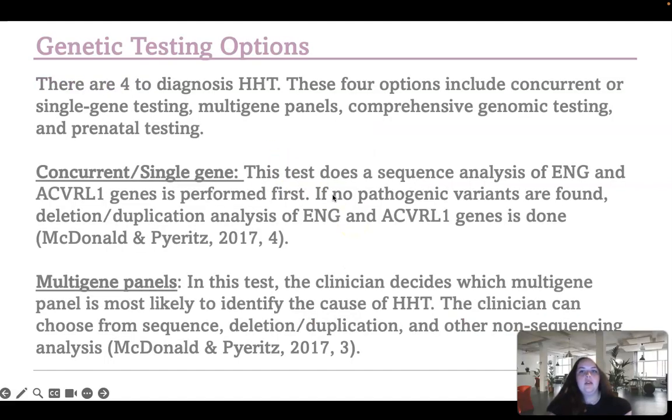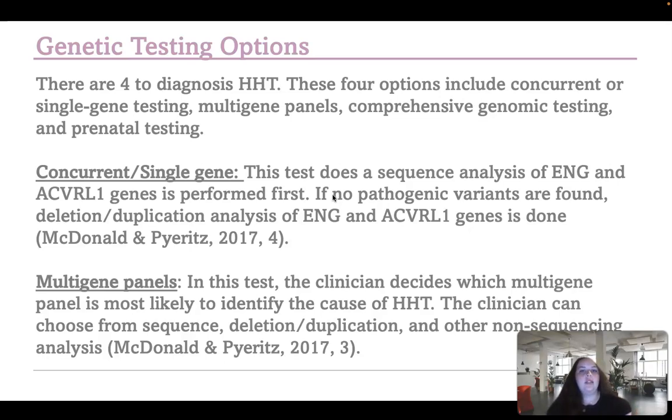Okay. So for genetic testing, there are 4 options. First, there's congruent or single gene testing. This is a sequence analysis of the endoglin and ACVRL1 genes. If no pathogenic variant is found, then a deletion or duplication analysis will be done on those genes as well. The second form of testing is multi-gene panels.